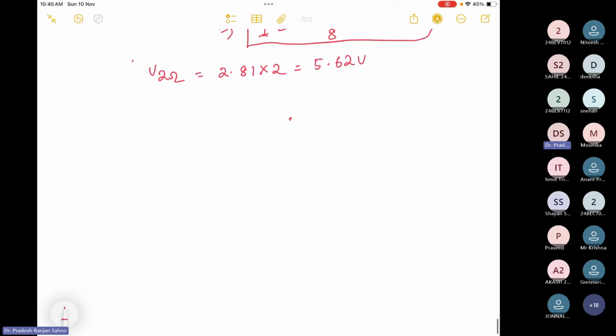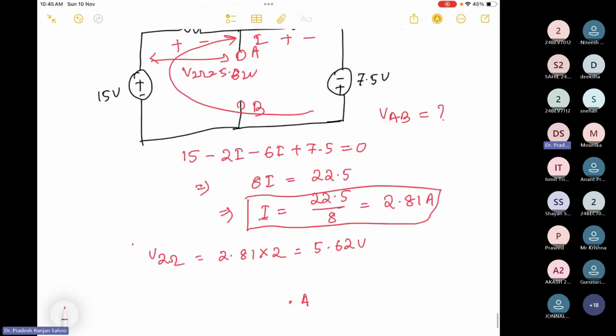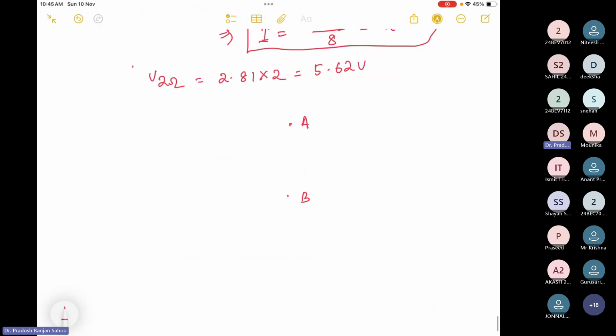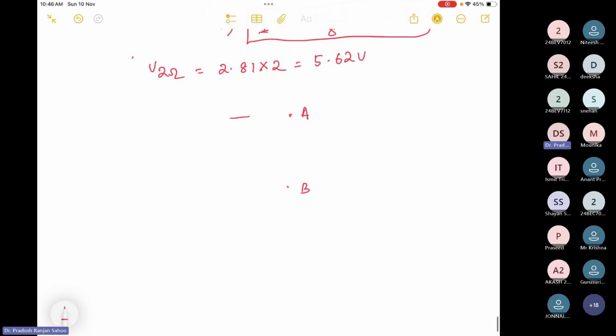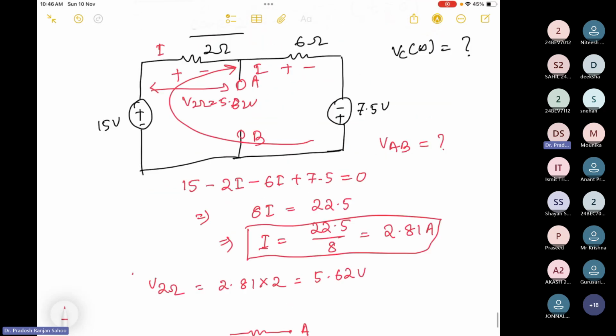I want to find out what is VAB. So I can write down here. This is A. This is B. This is 15 volt.